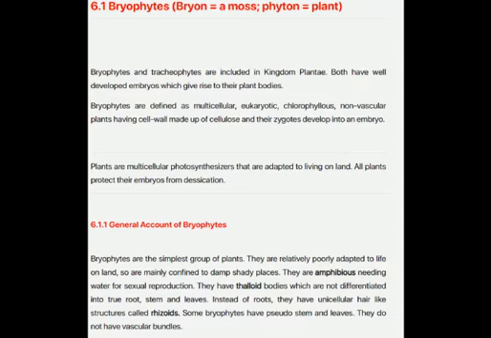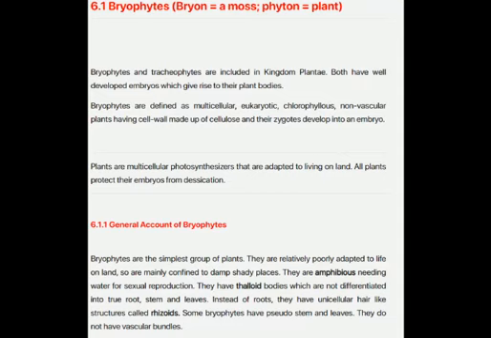Now, all of you know about multicellular, meaning made up of many cells. Then what are eukaryotic? A eukaryotic cell is a cell or an organism which has a proper nuclear layer and cell organelles in it.